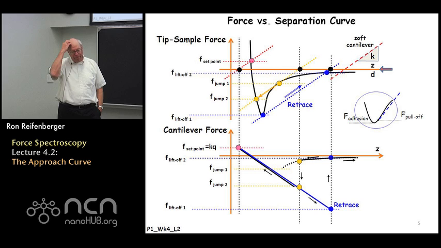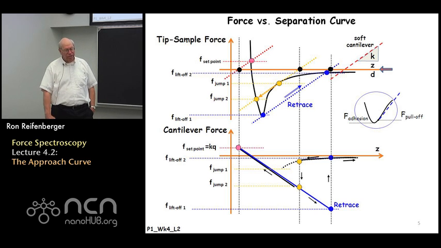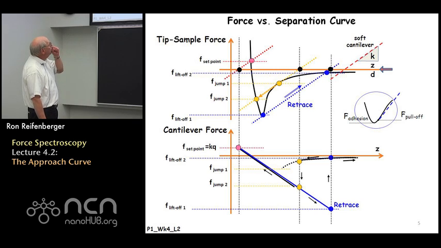So I try to make that a little bit more clear in this diagram. The upper part of the curve shows you the approach and retrace portion of the experiment. You systematically decrease the distance between the tip and the substrate by systematically decreasing z.